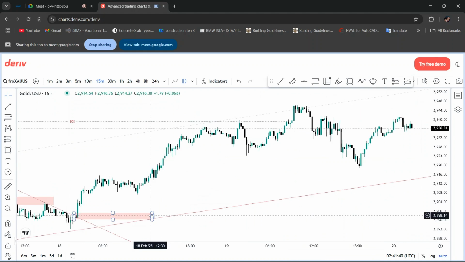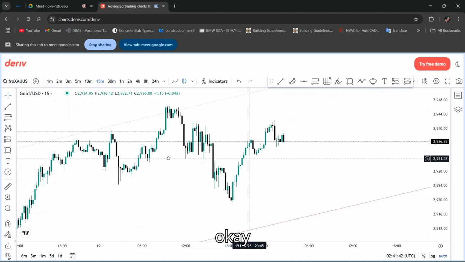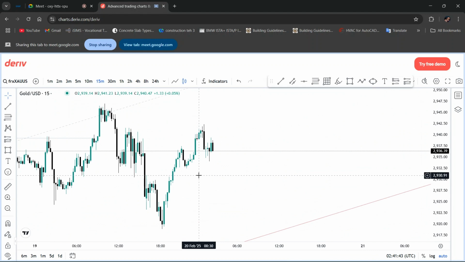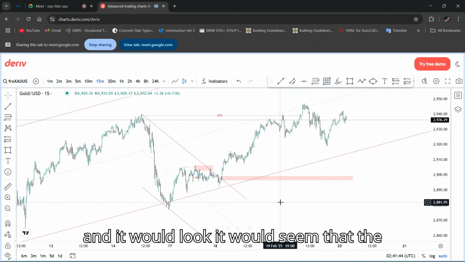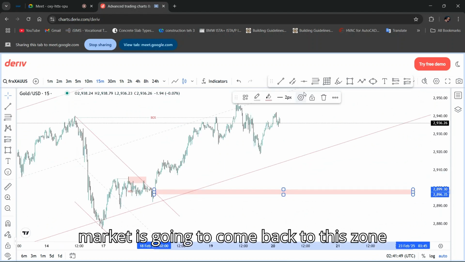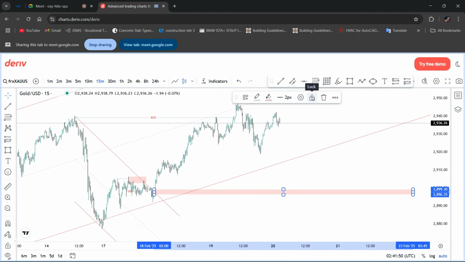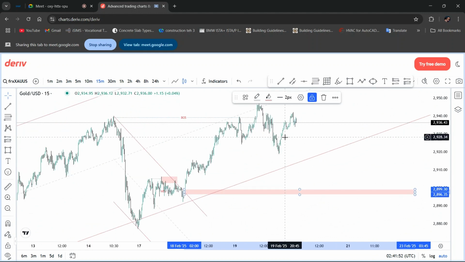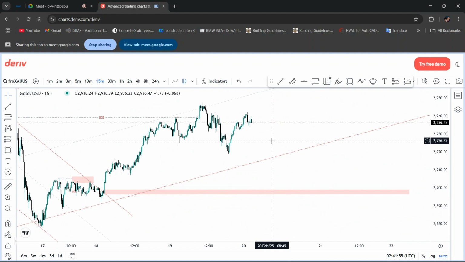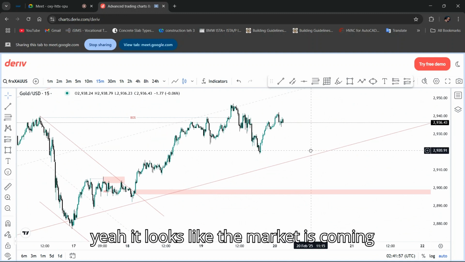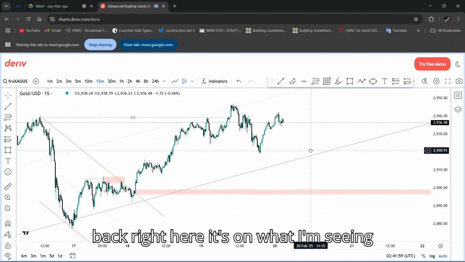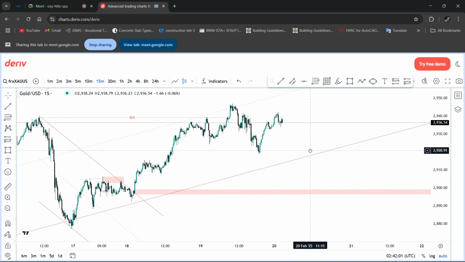And it would seem that the market is going to come back to this zone. Looks like, because it shifted again from the upside, it looks like the market is coming back right here, based on what I'm seeing.